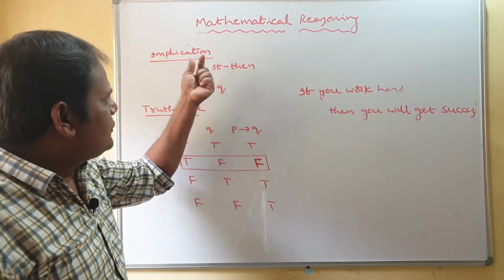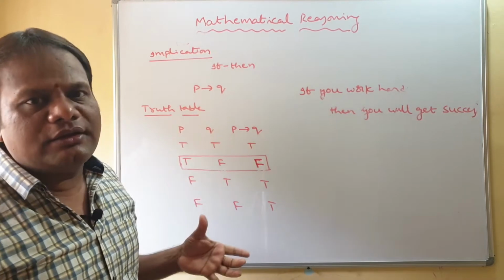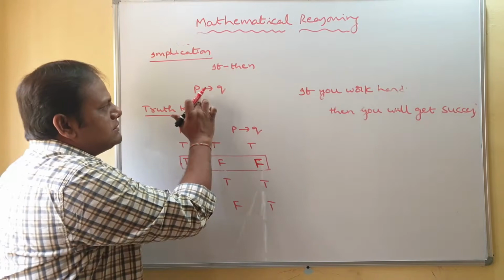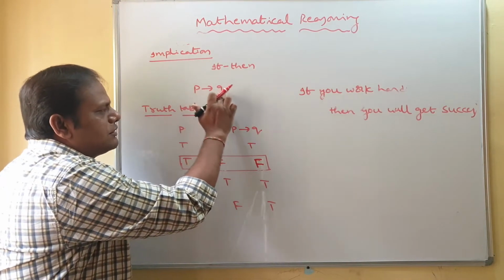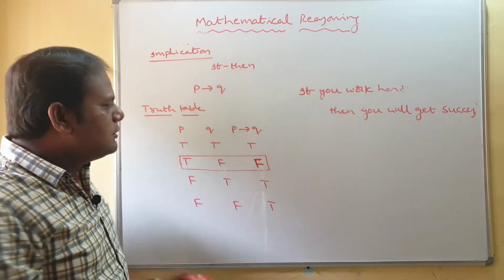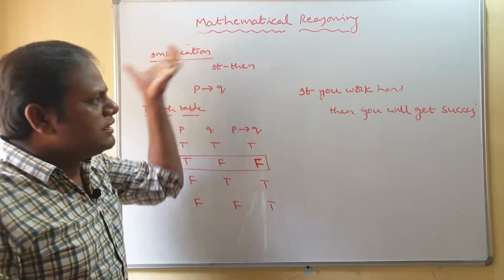Moving to the next one, implication. It is 'if then'. When we use the connective 'if then', those are called implications. The symbol for this is P then Q, we use the arrow symbol. Now I am going to discuss the truth table of the implication.